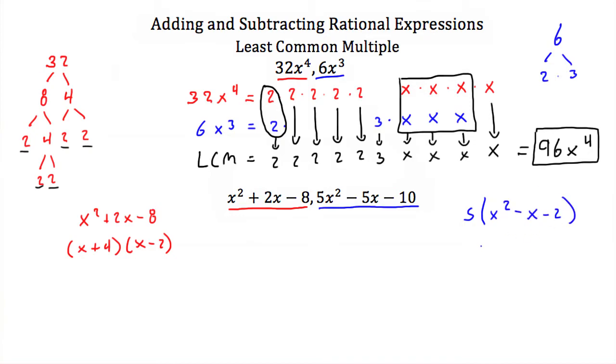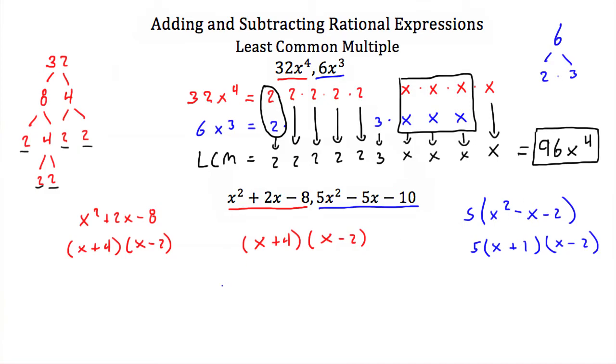This can be factored into an x plus 1 and an x minus 2. And it's still multiplied by 5 out front. So now I need to find all the factors of both of these. My first set is x plus 4 times x minus 2.